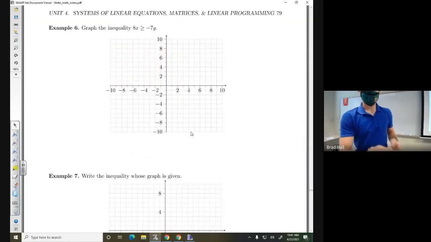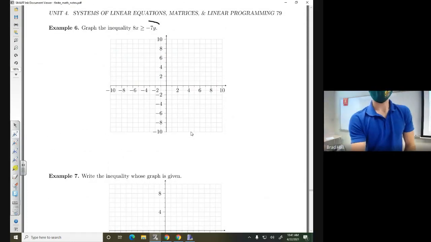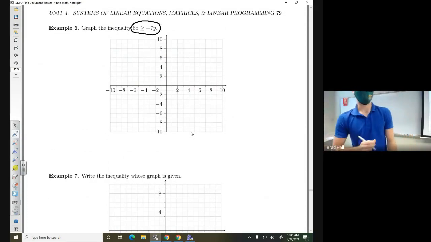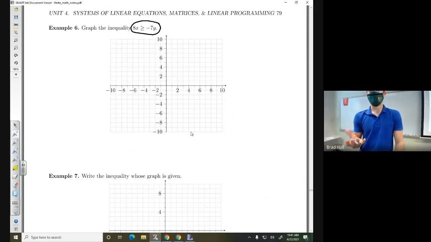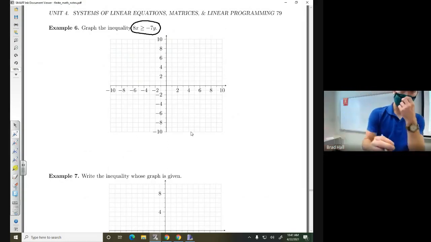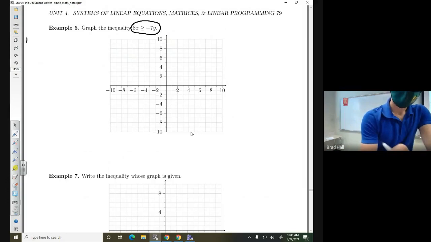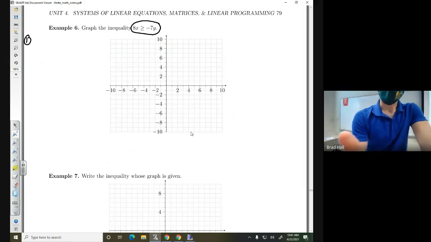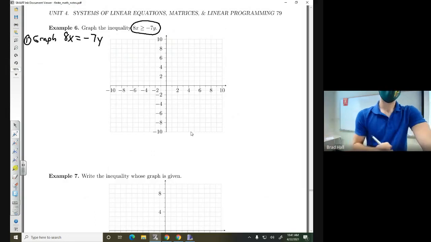So now they give us the inequality 8x is greater than or equal to negative 7y. If anything, I know the line's going to be solid. That's one indication you can immediately make no matter what. So let's start off with graphing the equality, 8x equals negative 7y.